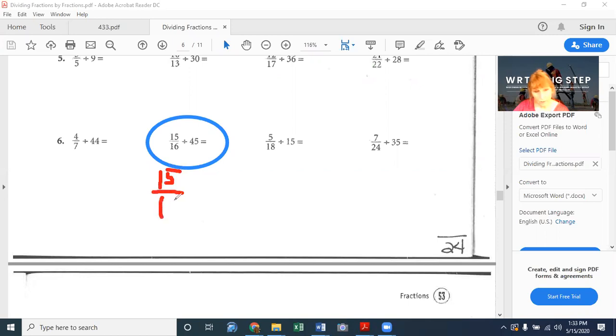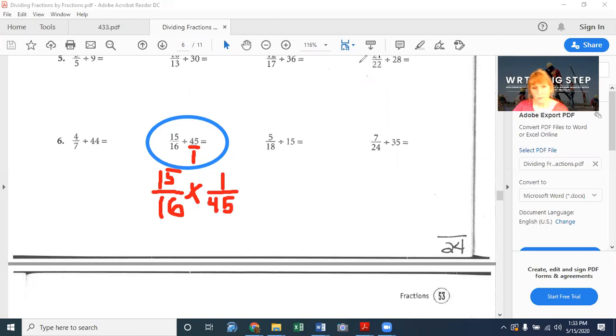We're going to change the sign to multiplication, and we're going to use the reciprocal of the second fraction. Well, we know the second fraction is really 45 over 1. So the reciprocal is going to be 1 on top and 45 on the bottom. And there is some canceling I can do.